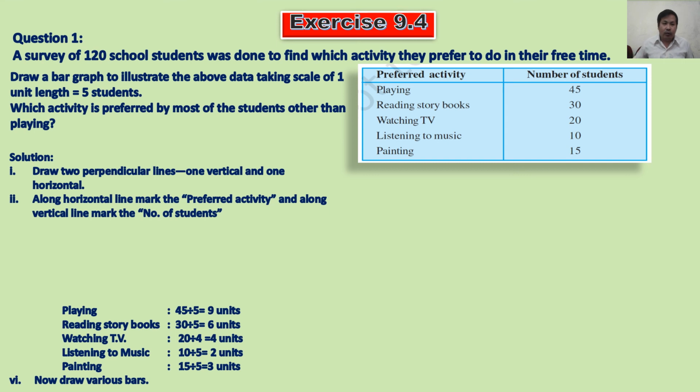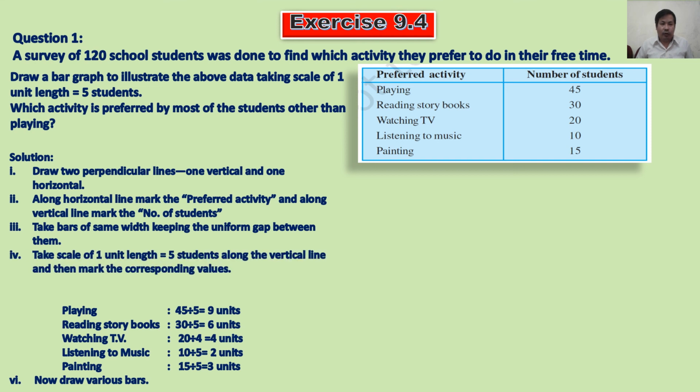Once again, along the horizontal, preferred activities, and along the vertical lines mark the number of students. Then next, take the bars of the same height, keeping a uniform gap between them. Next, take a scale of 1 unit equal to 5 students along the vertical line, and then mark the corresponding values.